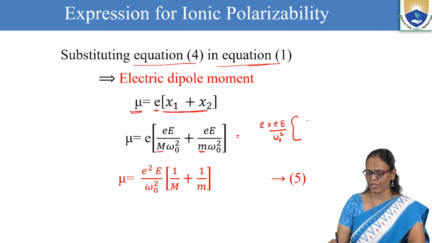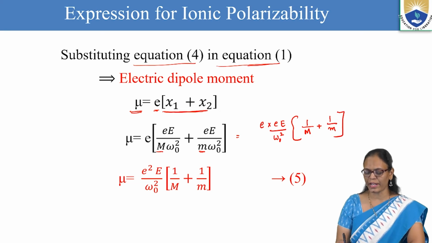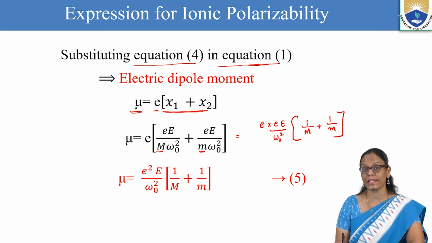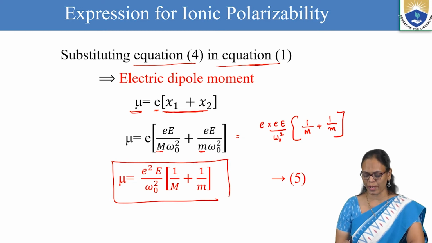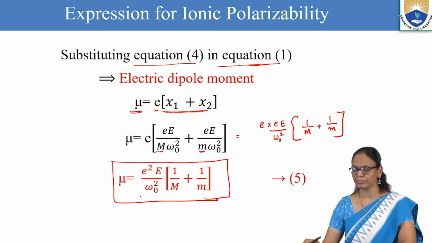What is left is 1 by capital M and 1 by small m. So, small e into small e is e square, and I will write mu is equal to e square E by omega naught square into (1 by capital M plus 1 by small m). So this is mu, the dipole moment.